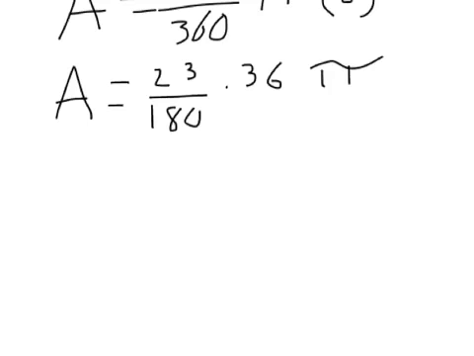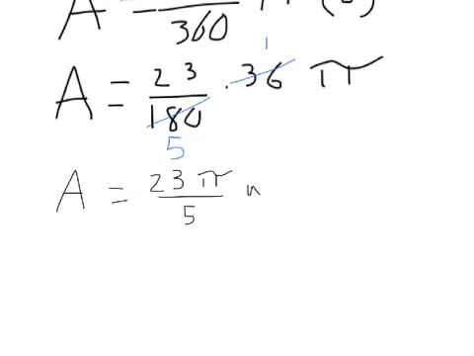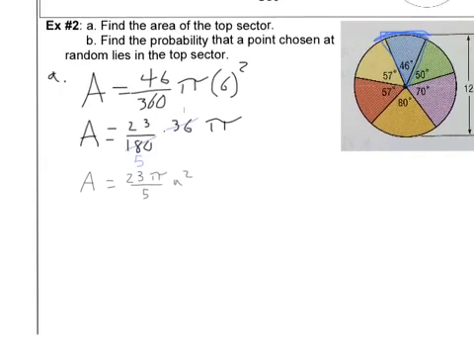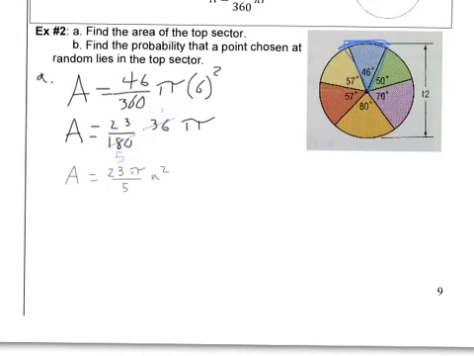In fact, 36 times 5 is 180. So if I take 36 out of both of these, I'm left with a 1 and a 5. And so I get that the area of this sector is 23 pi over 5 units squared. And there we go. Now I have my area.